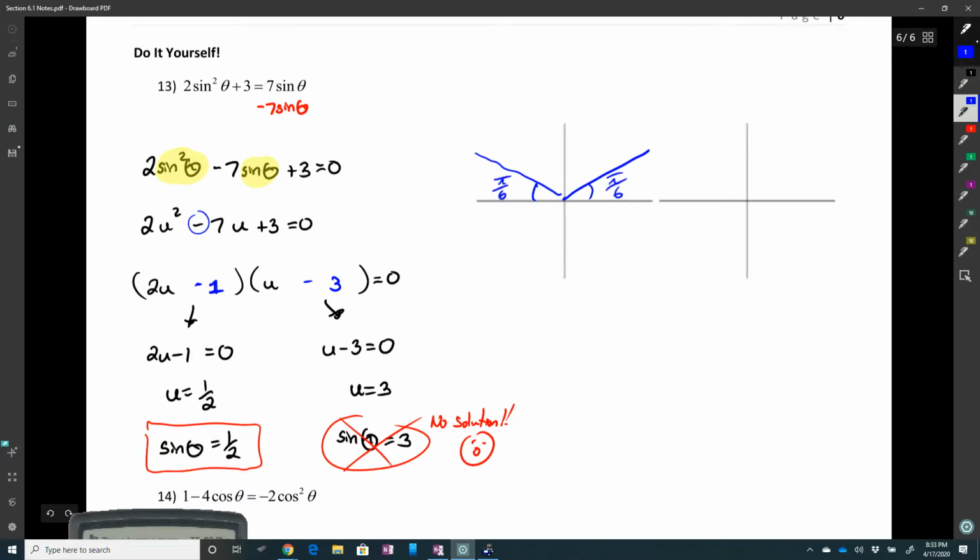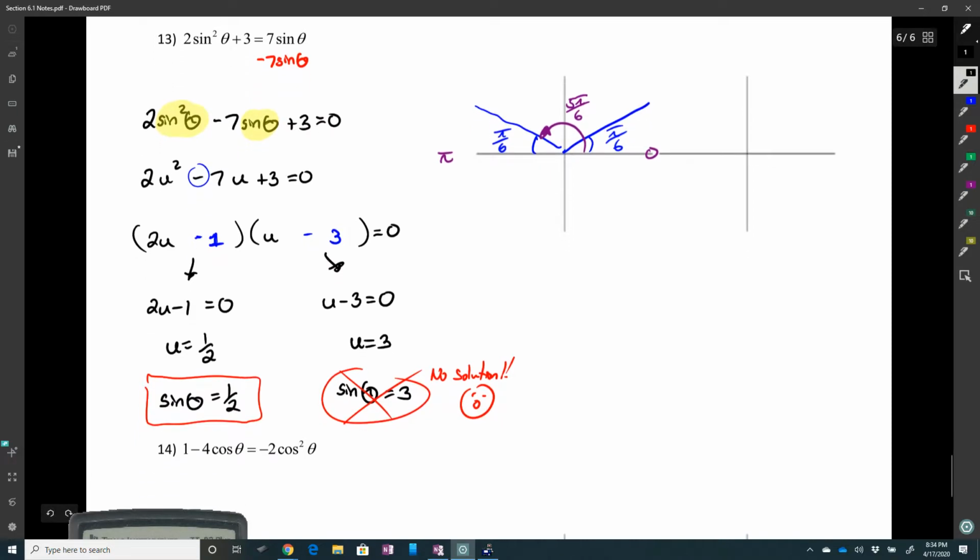So then the angle that goes from the beginning all the way here, here's 0, here's pi, is a full pi minus pi over 6, which is 5 pi over 6. Okay, and the other one was no solution, so we didn't really need two separate grids here. So my answer is going to be pi over 6 plus 2k pi and 5 pi over 6 plus 2k pi.